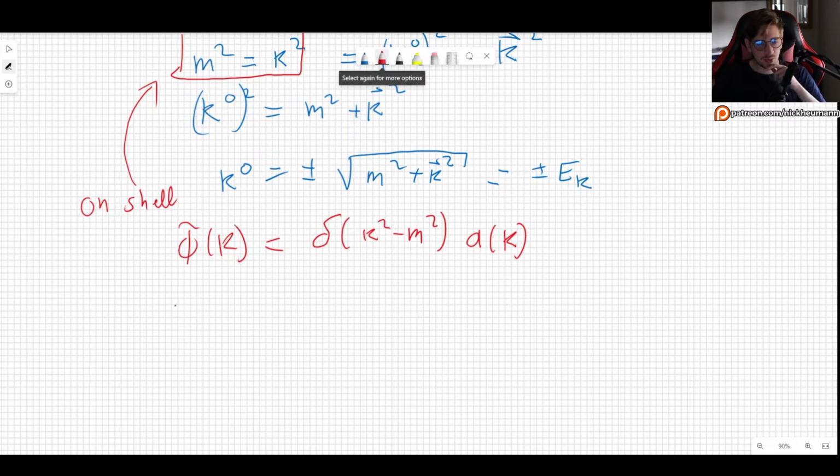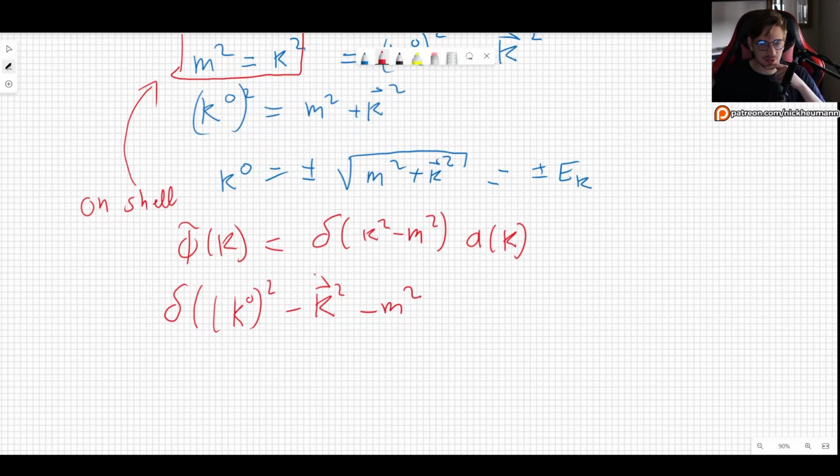So now we're going to be working a little bit further with the Dirac delta function, or distribution. Don't get upset at me if you're a mathematician. So what we can do is rewrite k squared as k0 squared minus k squared, the vector here, and then minus m squared.